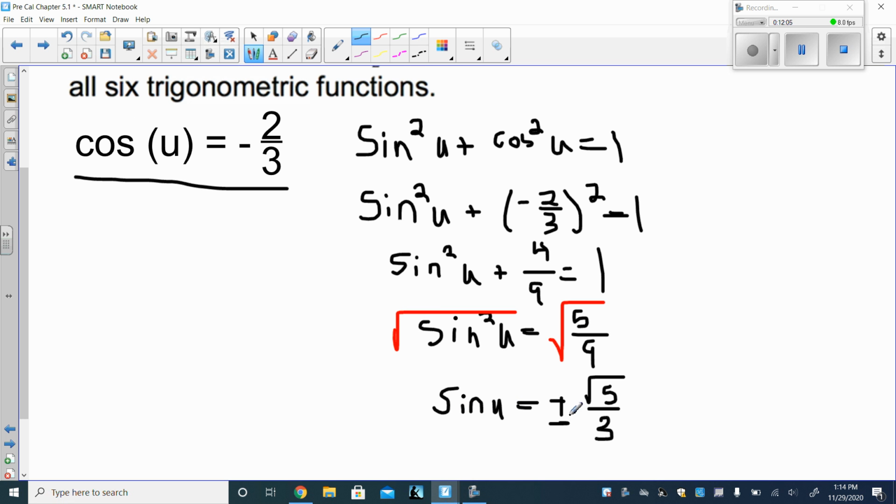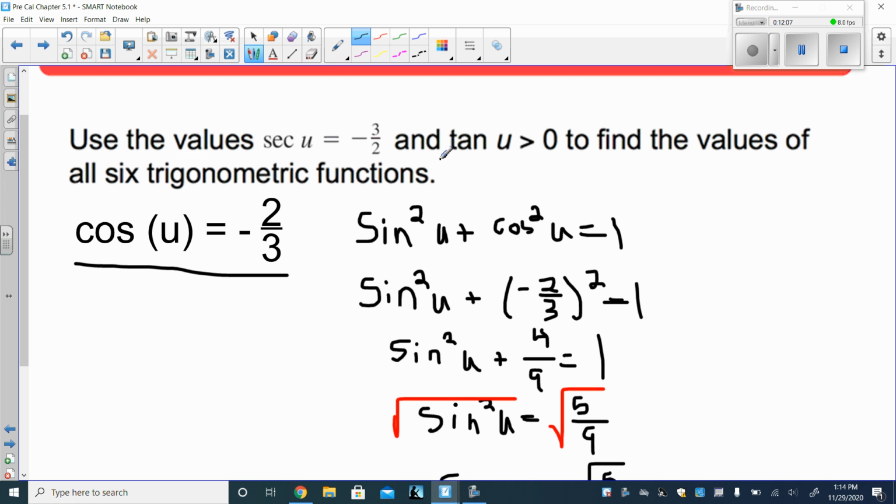Now we need to deal with the plus or minus. And that's coming back up here, this piece here. It told me secant of u is negative 3/2, and tangent of u is greater than 0. So to find the rest, we already use these here. Now, secant of u, negative 3/2, told me cosine is negative 2/3.